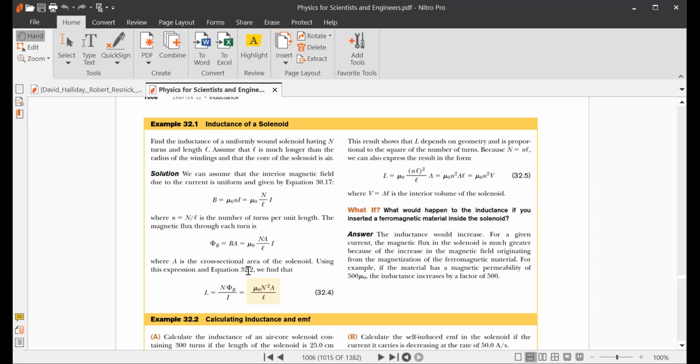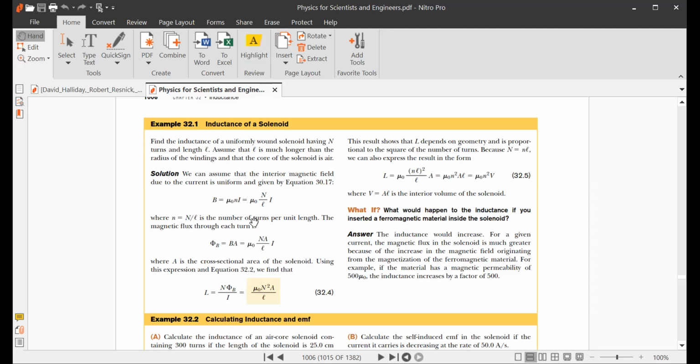So it means that the inductance of solenoids depends only on the material inside the solenoid, represented by mu 0, the number of turns of wire N squared, the cross section or area of the solenoid, and the length of the solenoid.